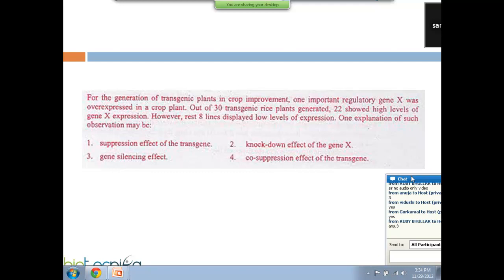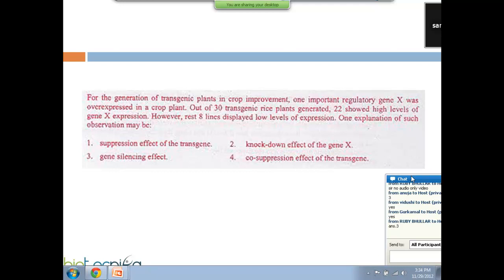What is suppression? Not expressed. Co-suppression means that with the help of some other gene it is suppressed. If it is suppressed with the help of some other gene, definitely it is not good, because it is a new gene which will express. There is no chance for that.